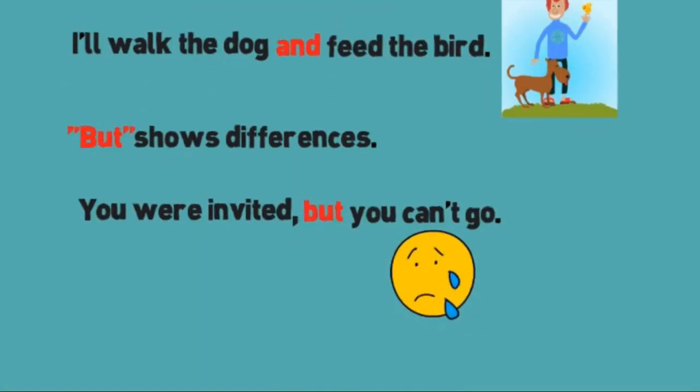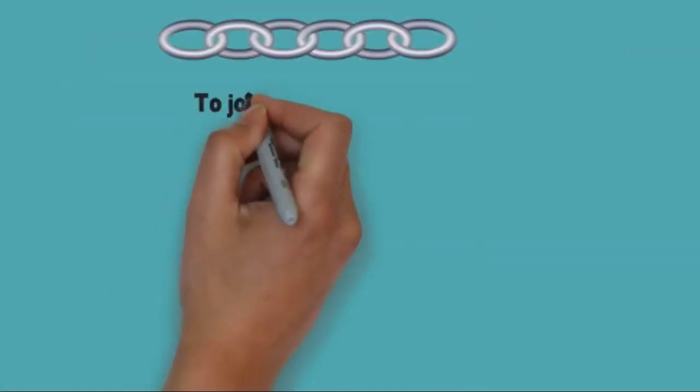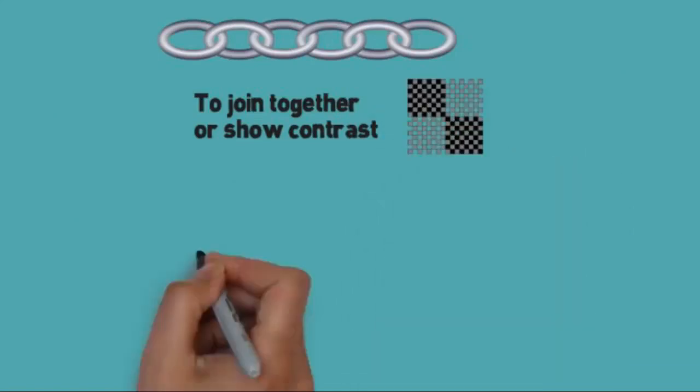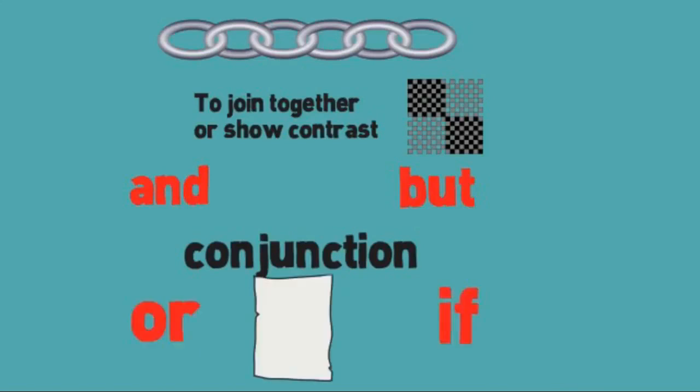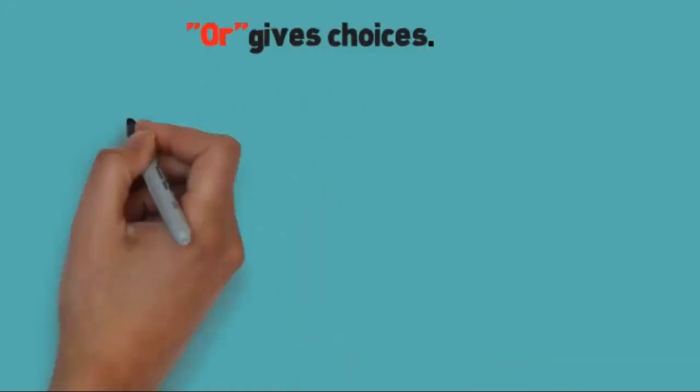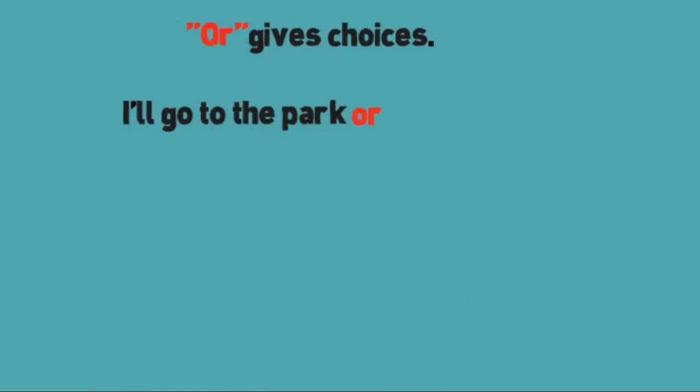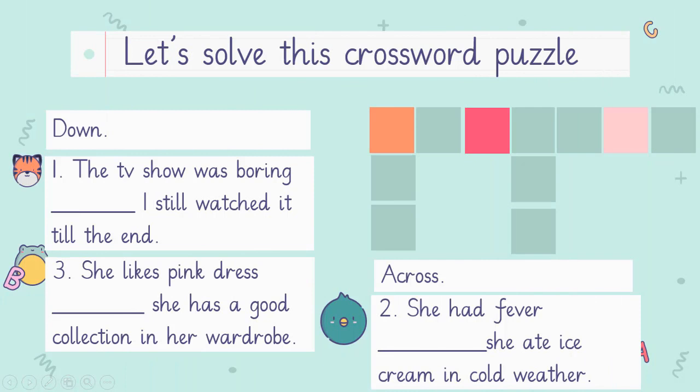You were invited, but you can't go. To join together or show contrast, using a conjunction is where it's at. Using conjunctions when you write will make your paper dynamite.